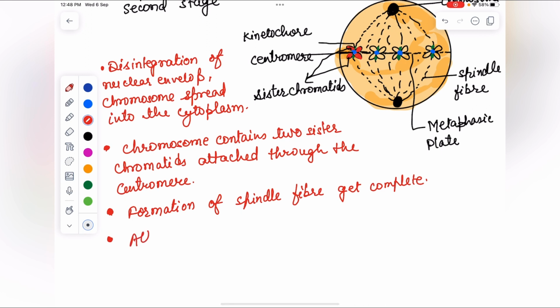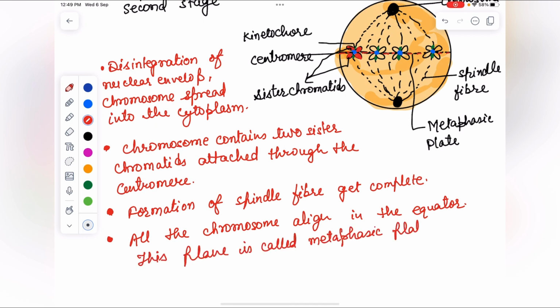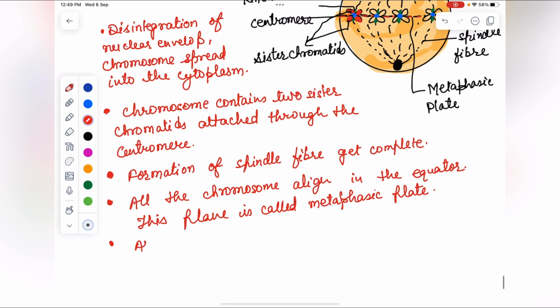All the chromosomes align together at the equator. This is called the equator, and this plane is called the metaphasic plate. So all the chromosomes will get aligned on the metaphasic plane, and the spindle fiber will get attached with this. And the next point is all the spindle fibers will get attached with the kinetochore.